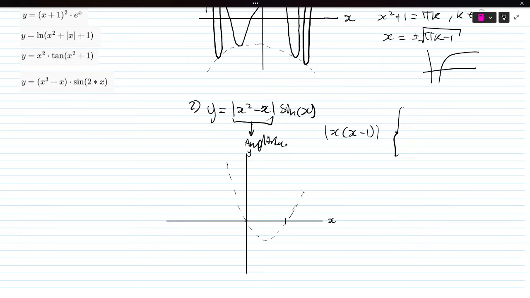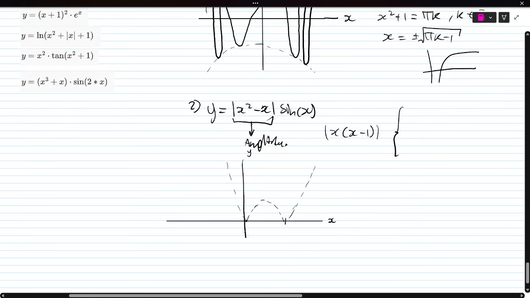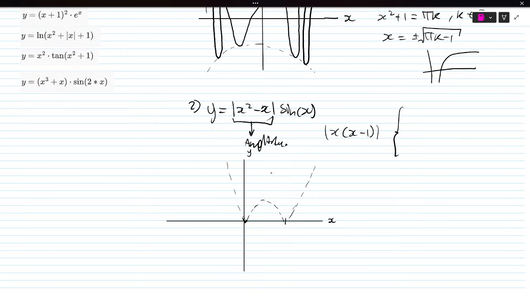But of course, we need to take the modulus of it. So it'll actually look like this. Say it touches here. And what else? When x equals 0, sine is 0, that's fine.